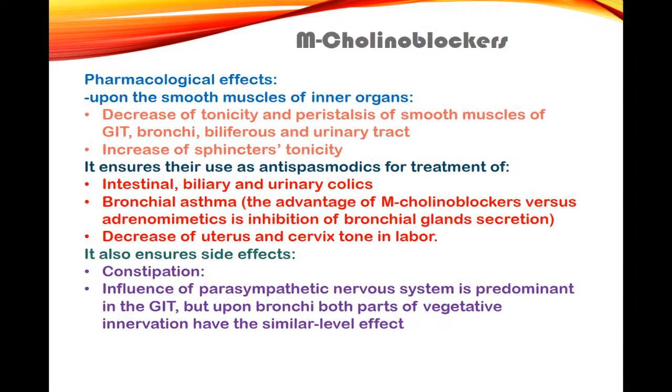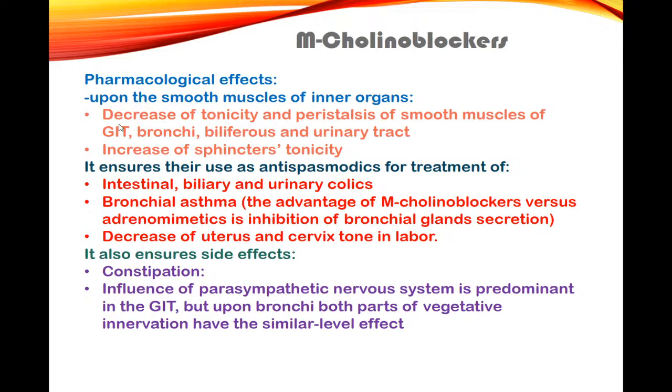Smooth muscles of inner organs. During previous lecture, we discussed that stimulation causes increase of tonicity, peristalsis, and we should understand that blockade of these receptors causes decrease of tonicity and peristalsis of smooth muscles. All smooth muscles: GIT, bronchi, biliferous, urinary tract, eye, as we have just discussed, because circular muscle and ciliary muscle are smooth muscles.